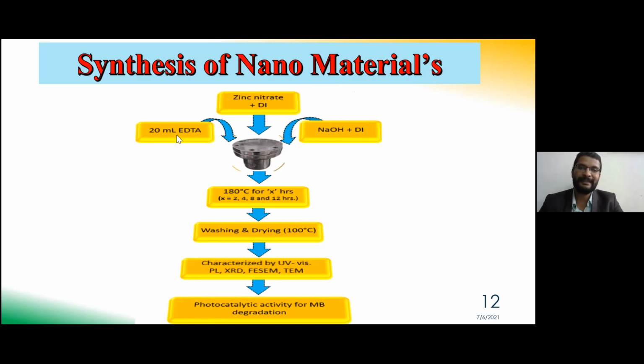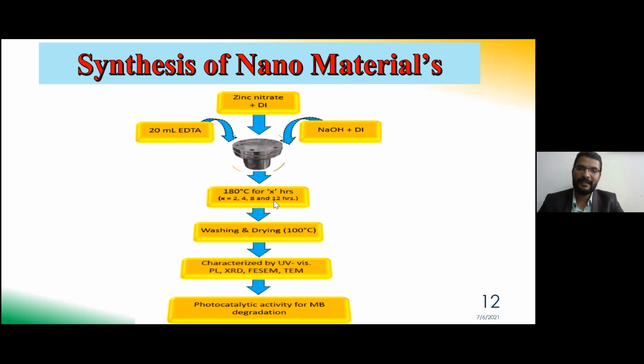Afterwards, I add 20 ml of EDTA solution to this solution and stir it for 15 minutes. Then I transfer the solution into a 100 ml Teflon-lined autoclave and put it into the oven at 180 degrees.